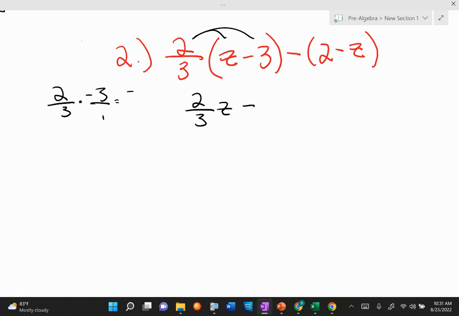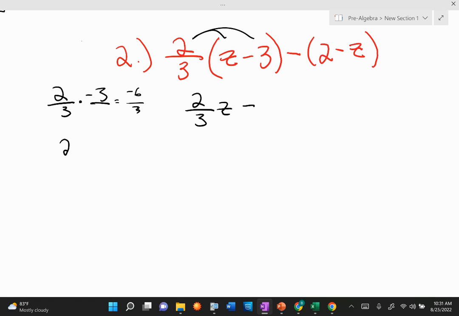So that's going to be 2 times negative 3 is negative 6, and 3 times 1 is going to be 3. And then you just simplify that. So what's negative 6 over 3? Negative 2. Yeah, you got it.